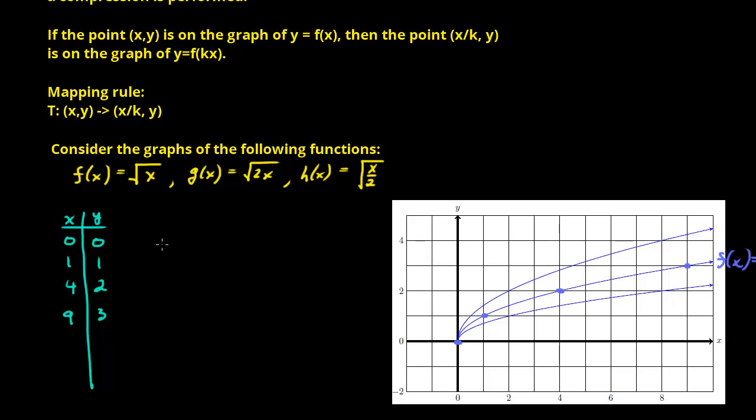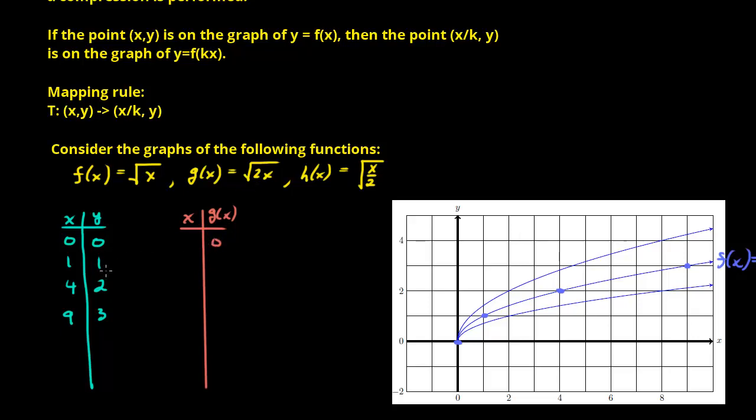Now let's think about g of x. Let's think about the different outputs that g of x has. Since I know the square root function, when 2x is equal to 0, the function is going to output 0.